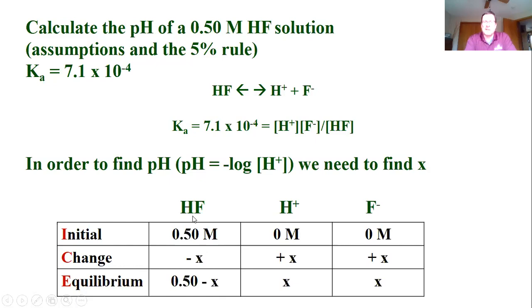Where's that X going to go as this compound breaks down? Well, it's going to go into the ions. As this separates into hydrogen and fluoride, as I lose X, I gain X amount of hydrogens, and I gain X amount of fluorides. So really, this becomes X and that becomes X, because 0 plus X, 0 plus X. Now, problem: unlike the last problem, I don't know the pH, so I can't just find H. I have to figure out what X is.